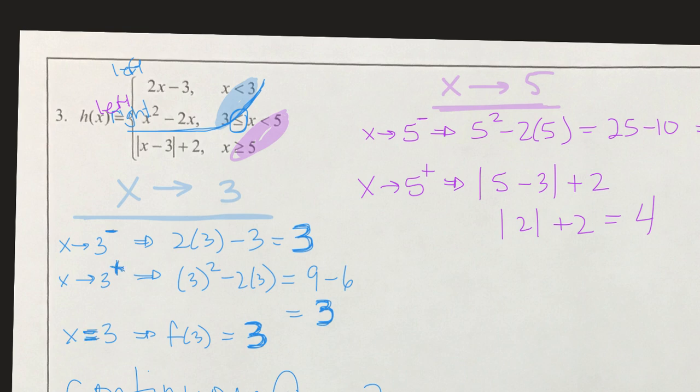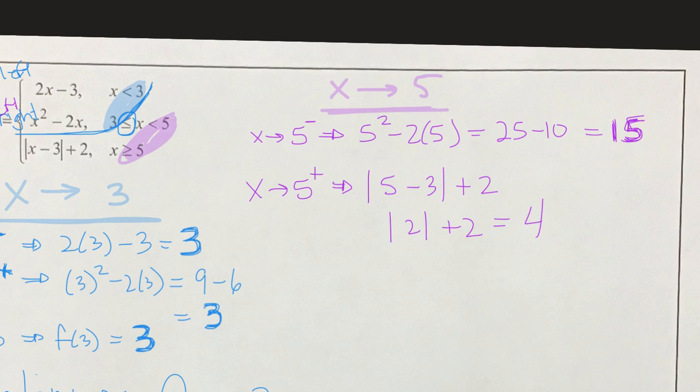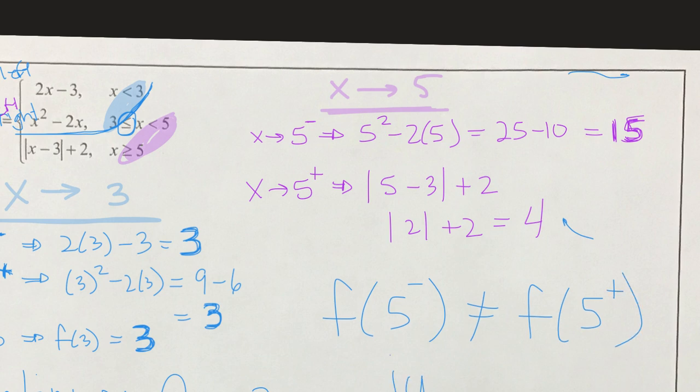But for x equal to 5, the left side is 15. The right side is positive 4. So from the left, we're going to 15. From the right, we're going to positive 4. So f of 5 from the left does not equal the y value at 5 from the right. So this is going to be a jump discontinuity at x equals 5.